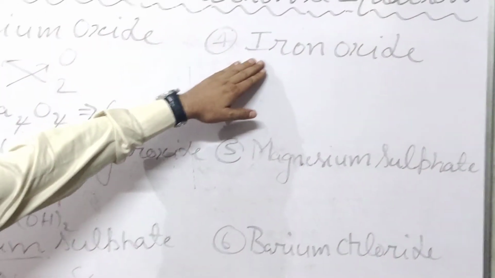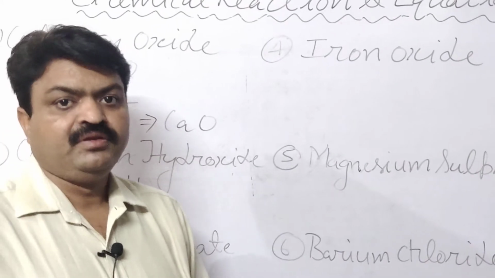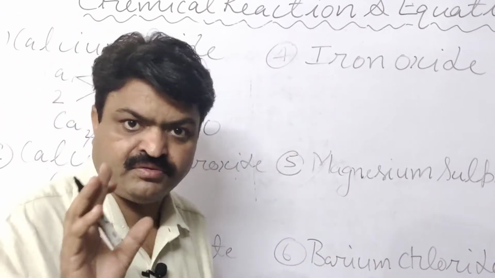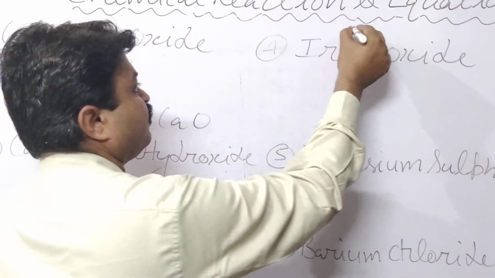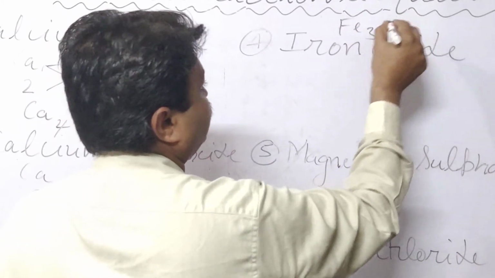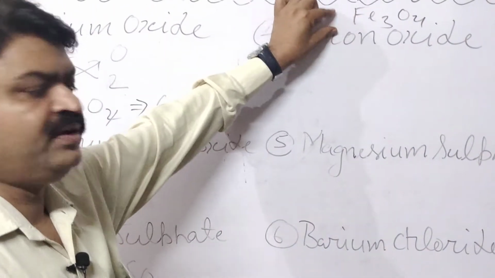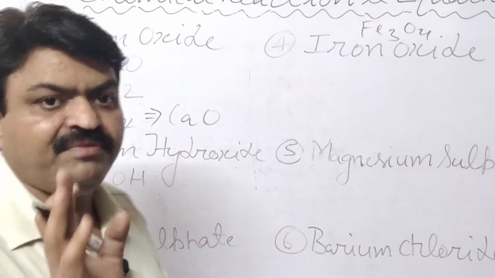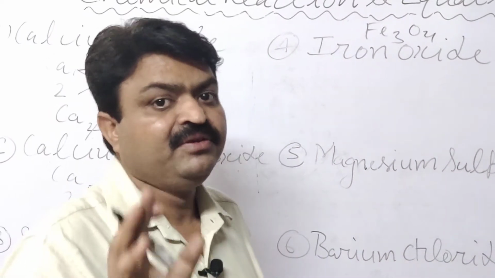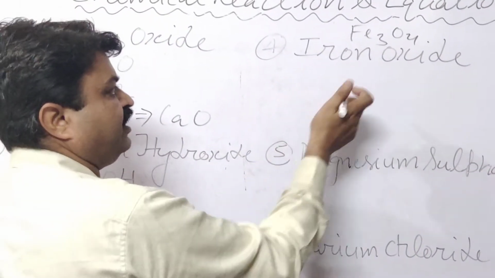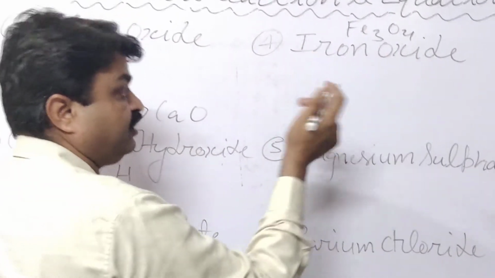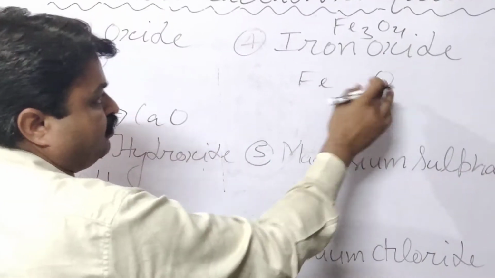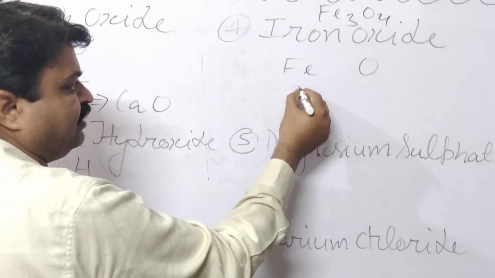It is iron oxide or ferric oxide, student. Now you will be confused in this because sometimes the formula that we get for the iron oxide is Fe3O4. So it is a different formula, you will learn it, you will mug it up. Okay, Fe3O4. But the general formula that we get with the help of the proper valency will be for ferric oxide: the iron symbol is Fe and the oxygen symbol is O. Now we write the valency.